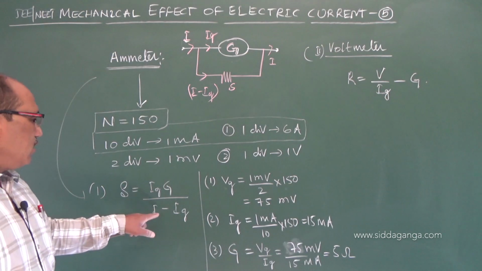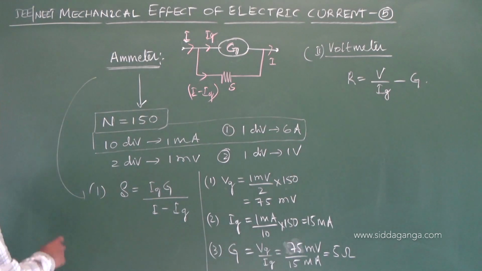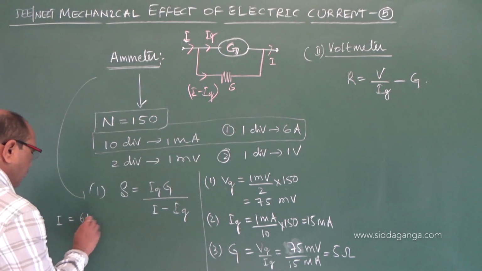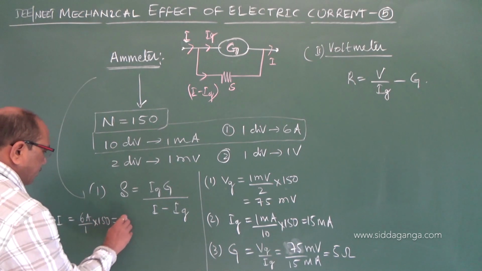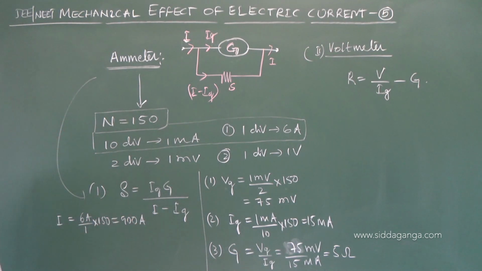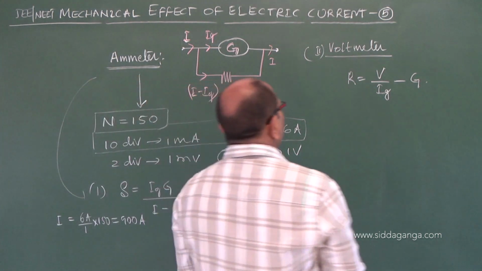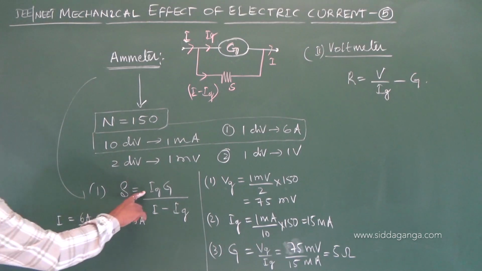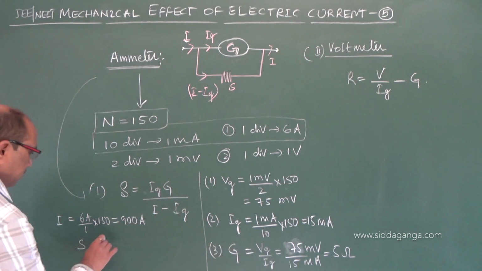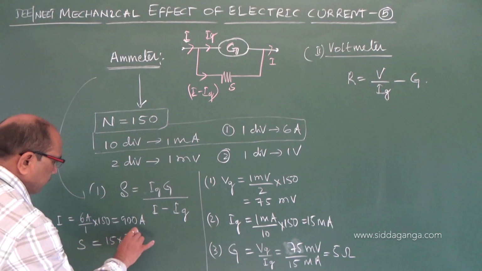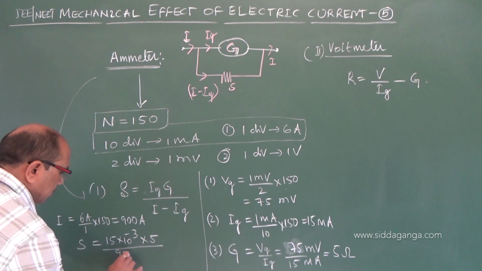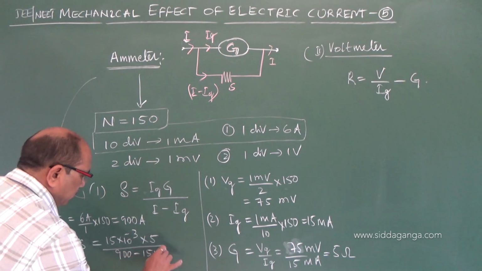Another one required is the main current. To get the main current I, 1 division is 6 amps, therefore 6 ampere by 1 into 150 is 900 ampere. Therefore, S is equal to Ig, 15 milliamps, into G, 5 ohm, divided by 900 minus 15 into 10 power minus 3.